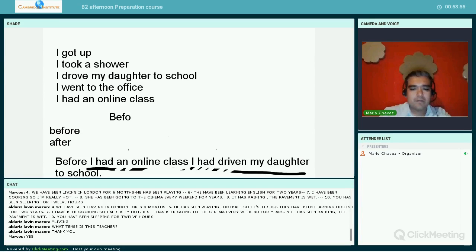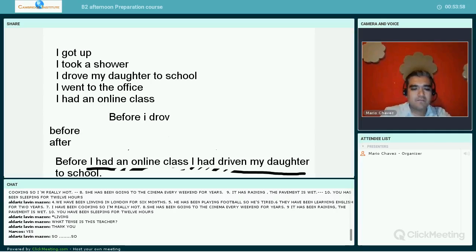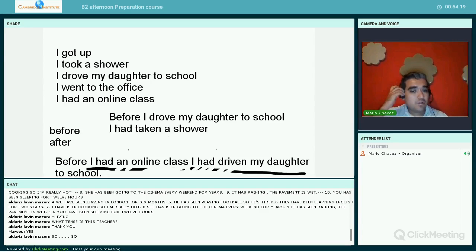Well, before I drove my daughter to school, what happened? Oh, I had taken a shower. So first I took a shower. Then I drove my daughter to school. So the first action is that I took a shower. That is first, right?